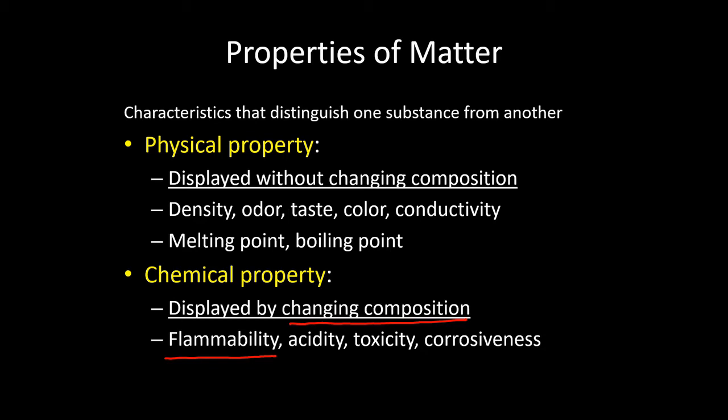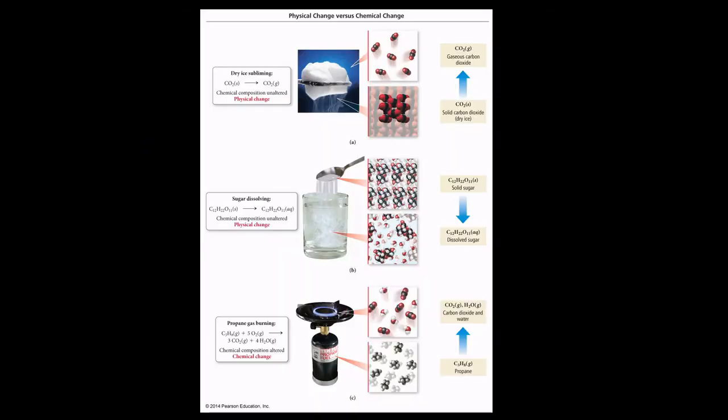Toxicity and corrosiveness are the same thing. If you take some acid and you measure how corrosive it is by putting a piece of metal into it to see how quickly the metal gets eaten away, that's a chemical reaction that's occurring. Both the metal and the acid are chemically changing. So that is a chemical property.